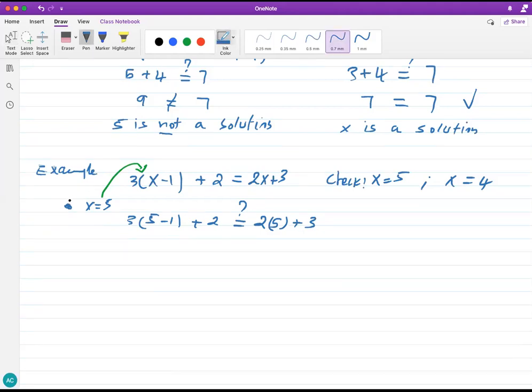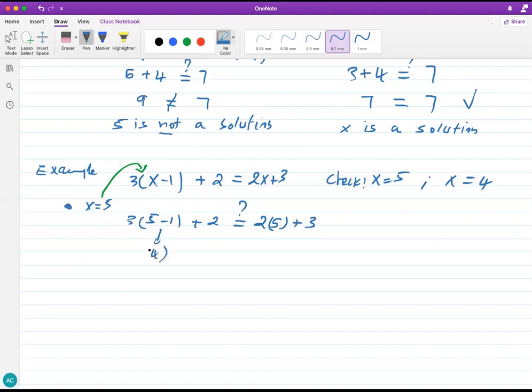Same thing as PEMDAS with operations. Nobody has an idea on how to do this? Parentheses first. That's right. I'm going to do the parentheses.